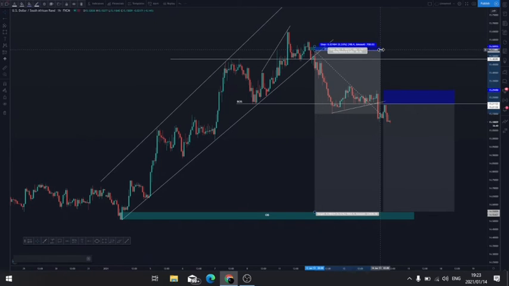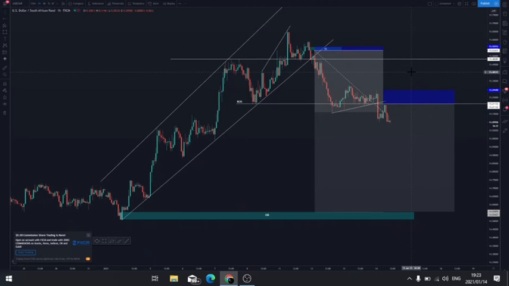So this is how I'm able to capitalize and bag so many pips with the institutional trading. Look at the stop loss of this one and of this one, with the institutional trading and with the retail trading, there is a high difference, guys. The retail trading has already triggered in.